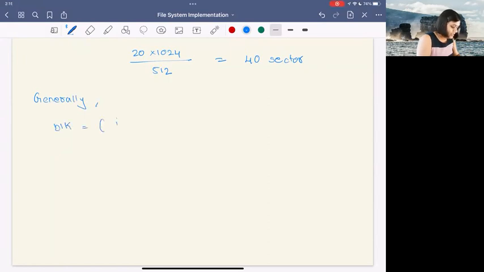So generally speaking, the block could be identified by the formula: inode number multiplied by size of inode, divided by block size.